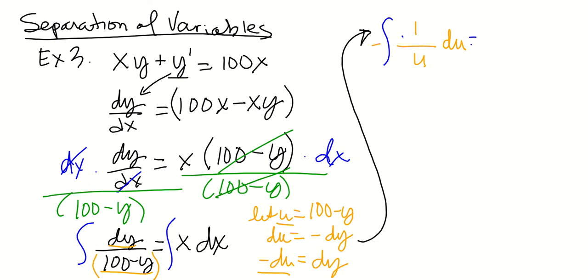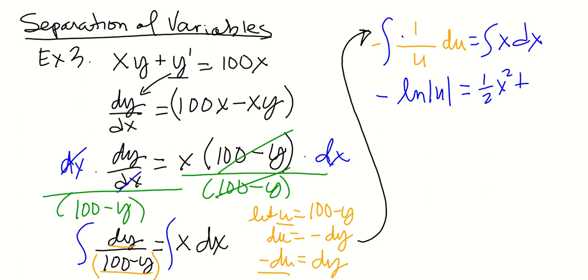And on the other side, we have the integral of x dx. So anti-differentiating on this left side, I have my negative. The antiderivative here is the ln of the absolute value of u, plus c, but we're going to put that on the other side. And here we get 1/2 x squared plus c.